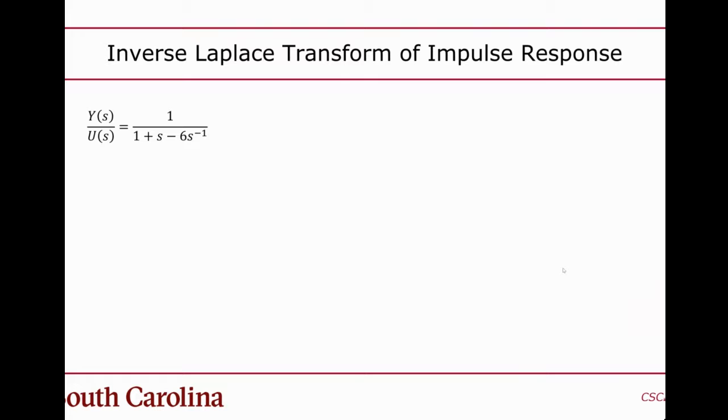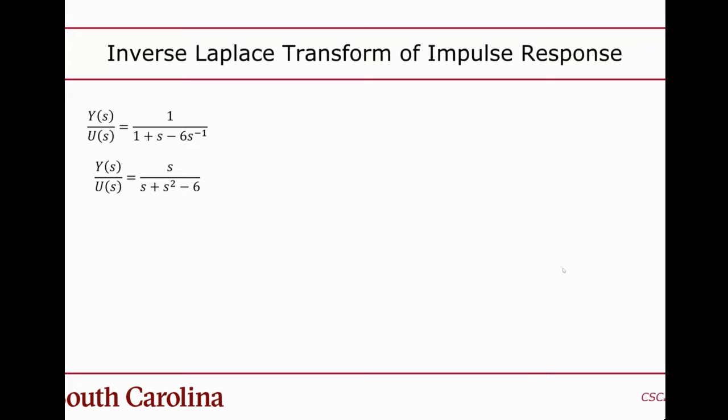You might just see Y over U without the s at all, or even more commonly, you'll just see Y. There's a shorthand where you can drop the Y over U. So keep that in mind as well. But in this slide, I'm showing Y of s over U of s. And so we have this fraction.